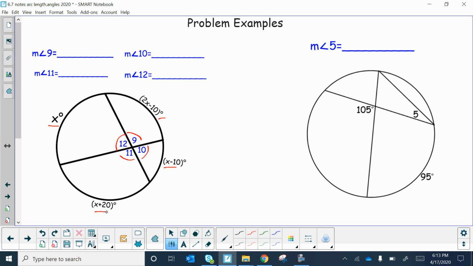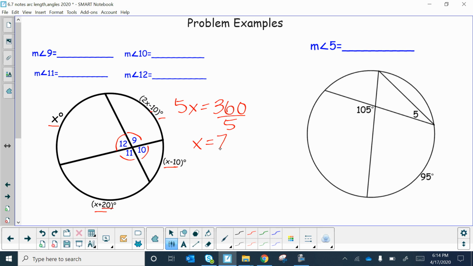I can add all of them and set them equal to 360. So I have 5x plus 0, which I don't need to write, because we have 20, negative 10, negative 10. And so that's equal to 360. So divide by 5, and then I can know what x is, and then I can plug that back in. How many times does 5 go into 360?